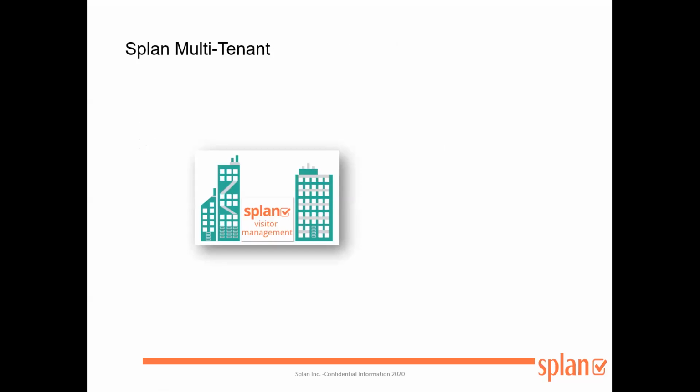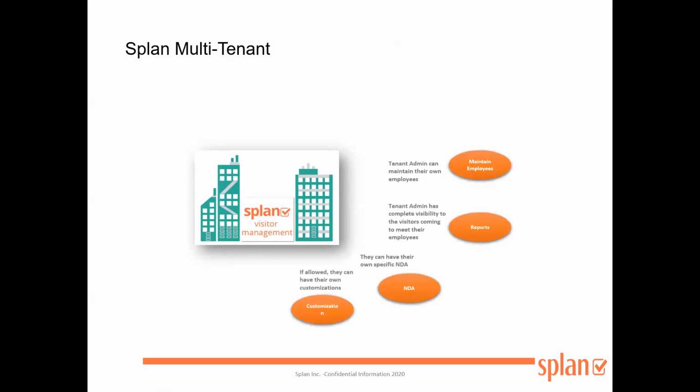So I'm going to just touch on multi-tenant for a few minutes. Multi-tenant is basically, as I explained, where the tenant on the 10th floor is not going to really have a lobby ambassador, but they're going to have somebody in the lobby ambassador role who may be the coordinator, the office manager.